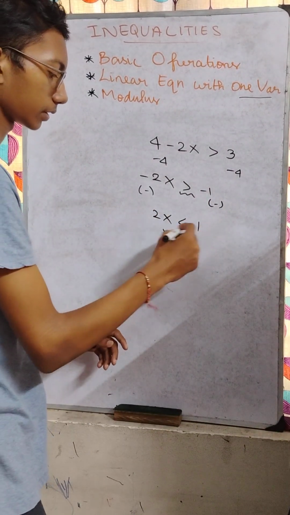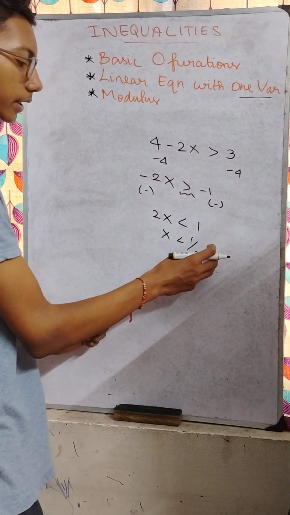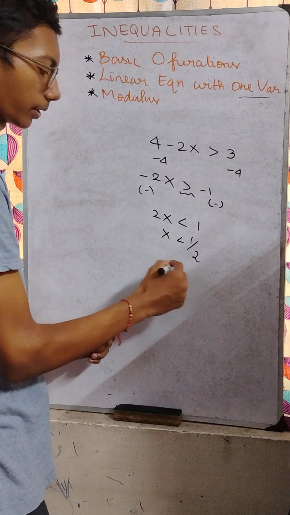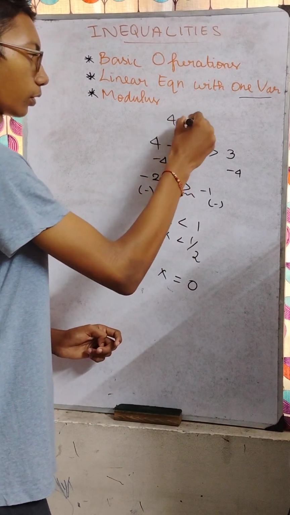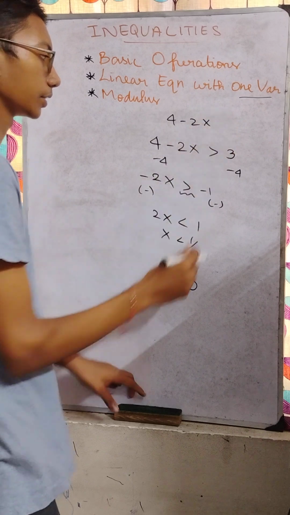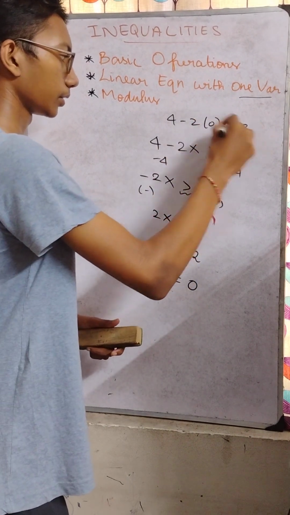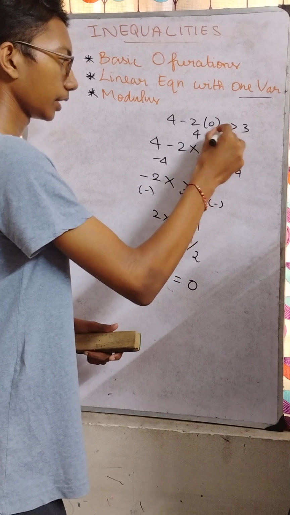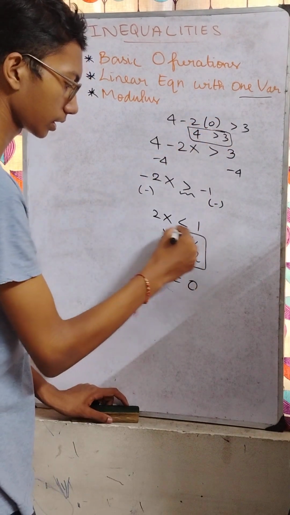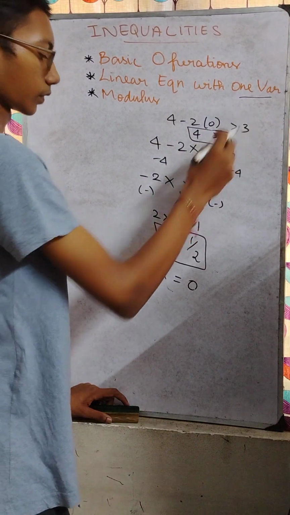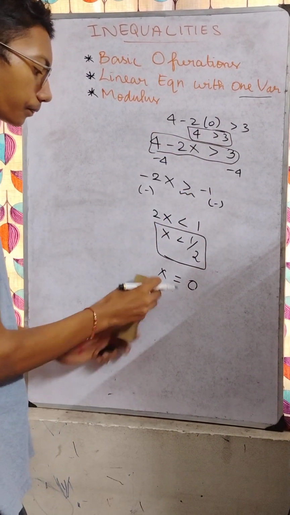Now divide both sides by 2. So x is less than 1 by 2. Now let's take a number that is less than 1 by 2. Let's have an easier number, x equals 0. So we have 4 minus 2 times 0, which is 4, greater than 3. So x equals 0 is suitable, which means x less than 1 by 2 is the solution for this equation.